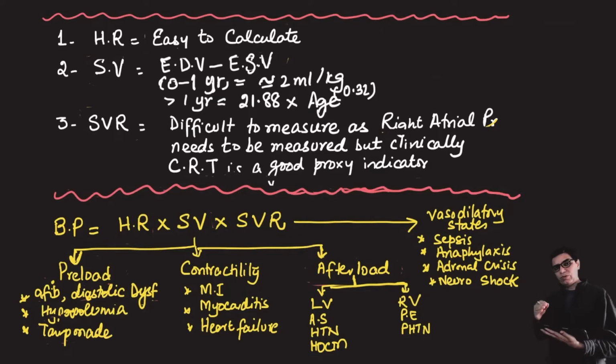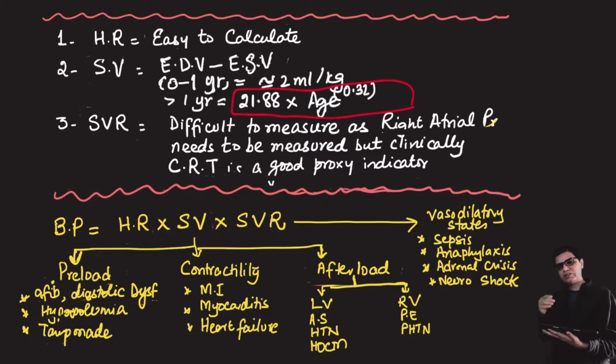For those kids who are older than 1 year of age, we have an equation to calculate the stroke volume, and that equation is 21.88 multiplied by age raised to the power 0.32. So you probably would need a scientific calculator to do that.